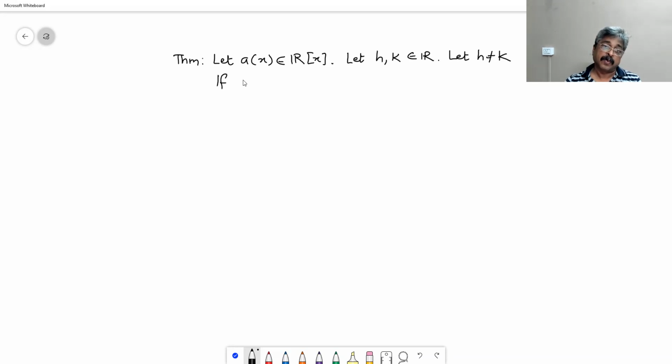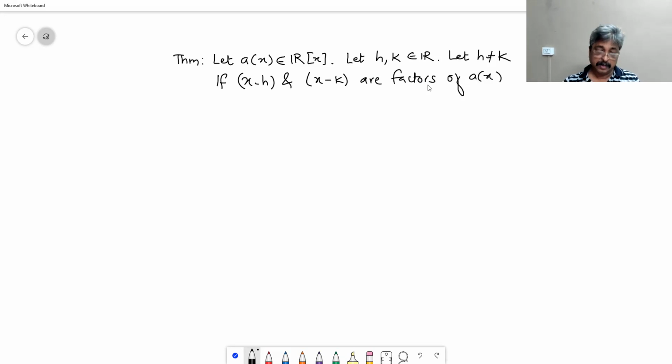If x minus h and x minus k are factors of a(x), then (x minus h)(x minus k) is also a factor.